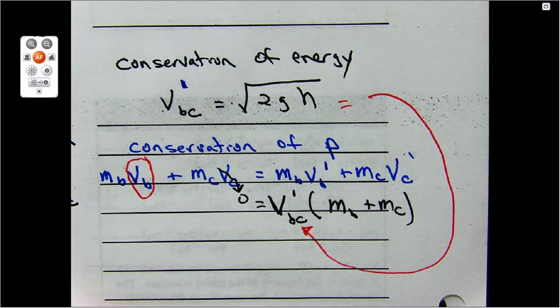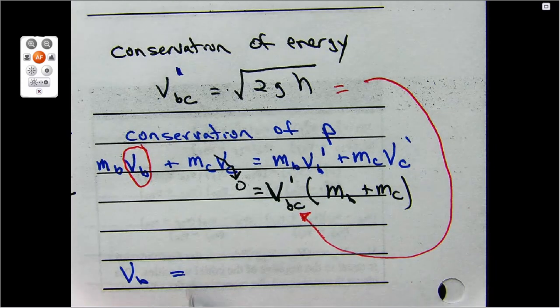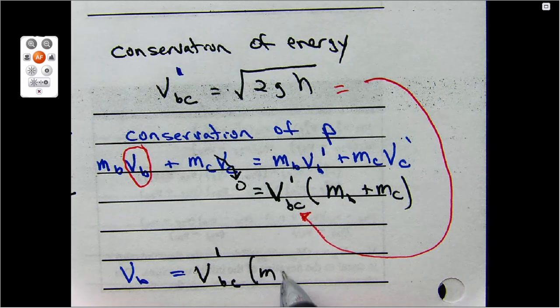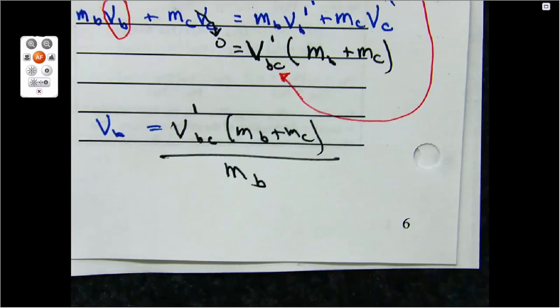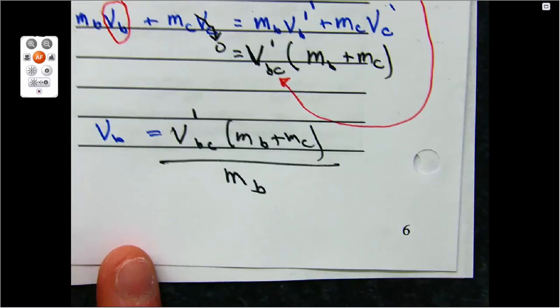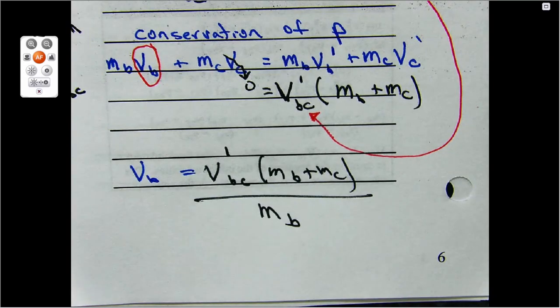So we know the velocity of the ball then is going to be, that should just come out then. So we'll do a little bit of energy.